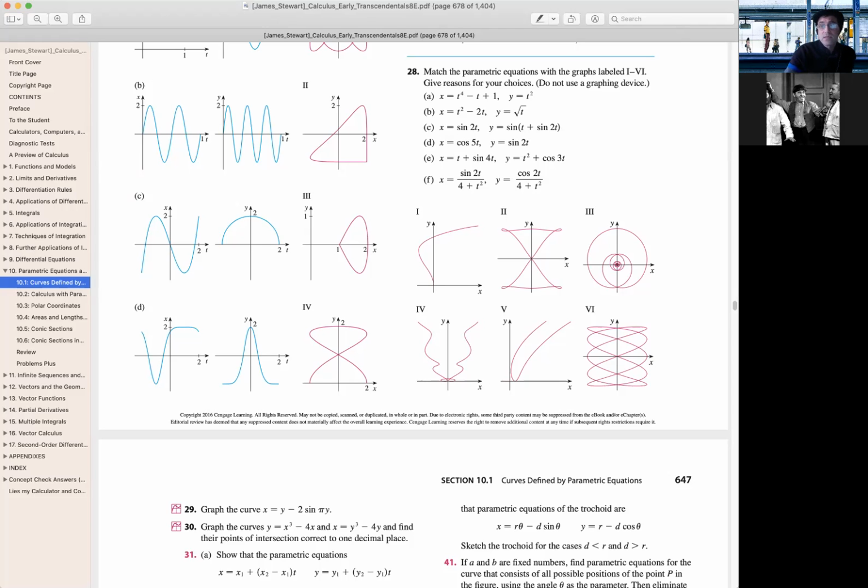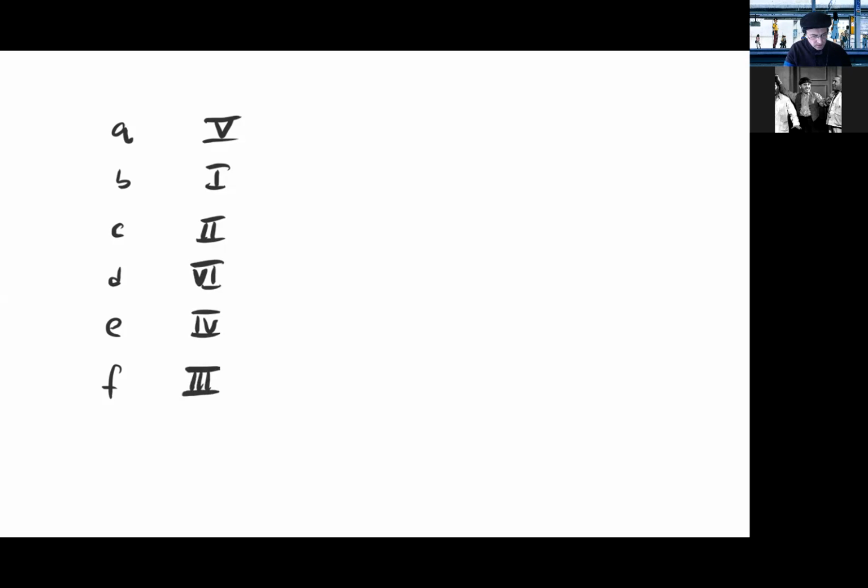And I'm going to write this down on another slide for posterity. So you have A, B, C, D, E, and F. And A we decided was 5, B was 1, C was 2, D was 6, and E was 4, and F is 3. So that's the matching up there.